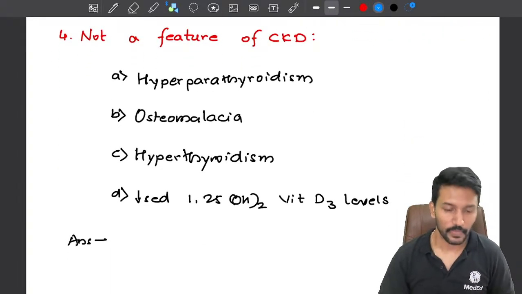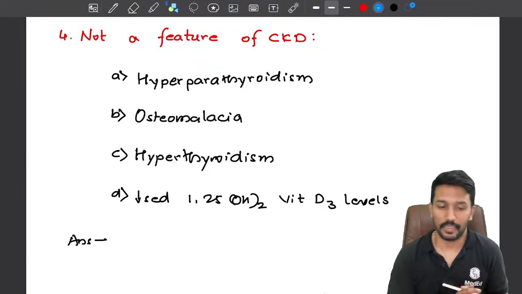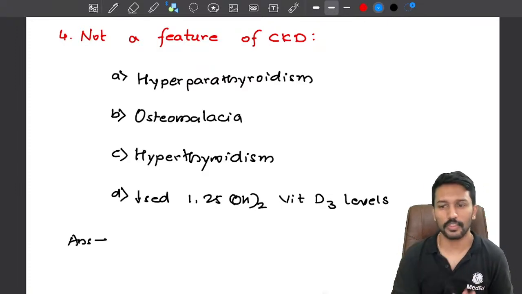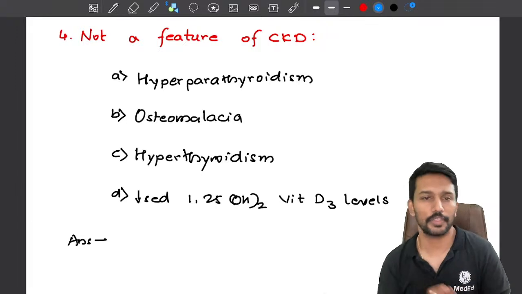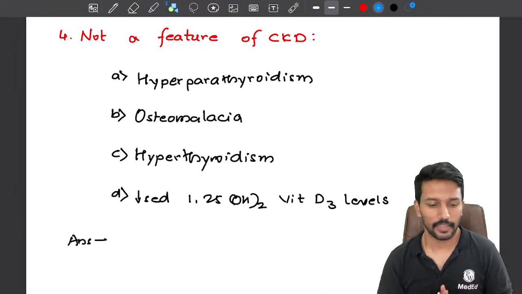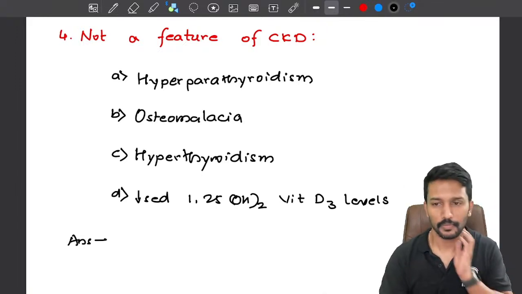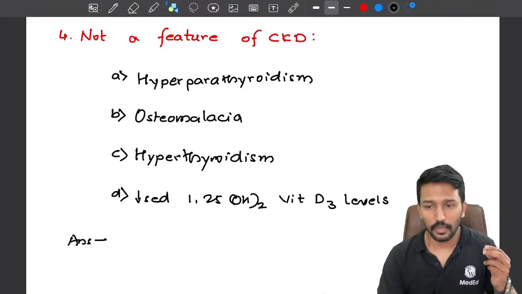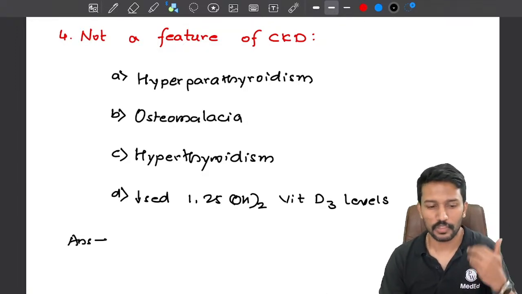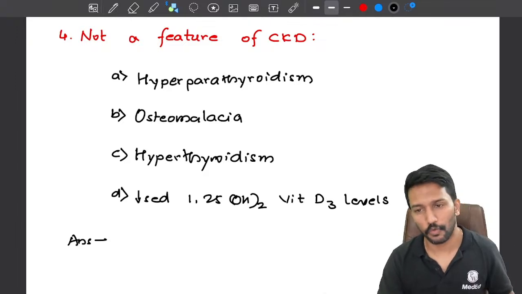Okay, next question. Not a feature of CKD. I guess I have given you hints to this question already, and this is a PYQ. Which of them is not seen in a patient with CKD? Hyperparathyroidism, right? So in CKD, what happens? There is an increase in phosphate levels because kidneys are the only way for elimination of phosphate.